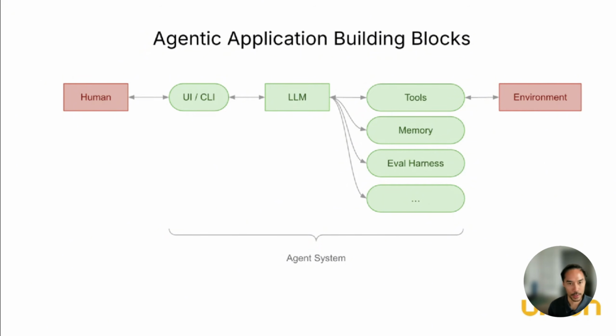You can think of it as that calls out, delegates things that it might not know about in its own internal model weights to things like tools or external memory, or to log something into an evaluation harness so that the humans maintaining the system can improve it, or maybe it can improve itself.